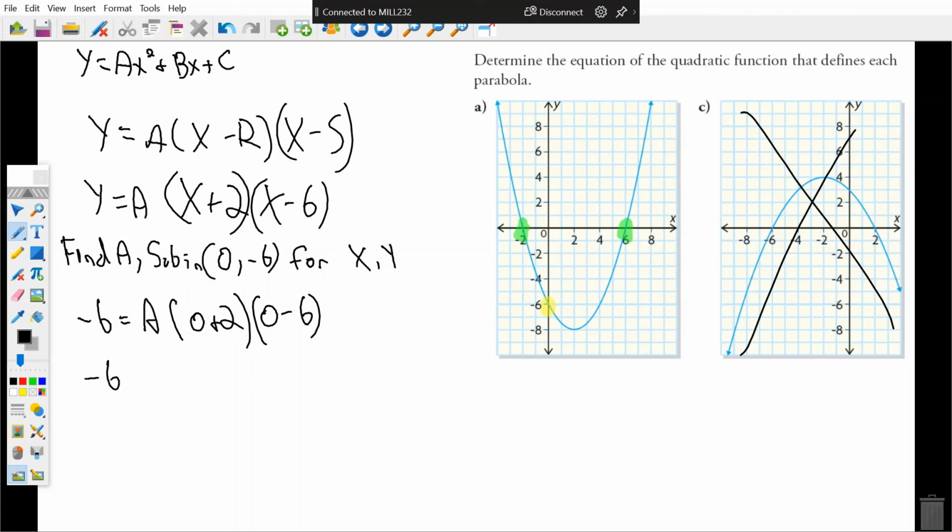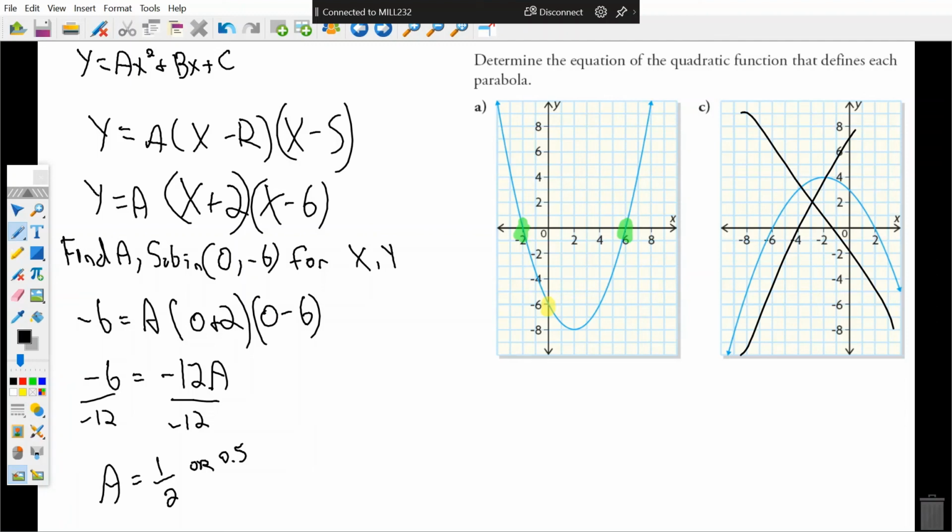So I have -6 equals -12a. Divide both sides by -12. A is 1/2 or 0.5. Okay? However you'd like to write it down is fine.